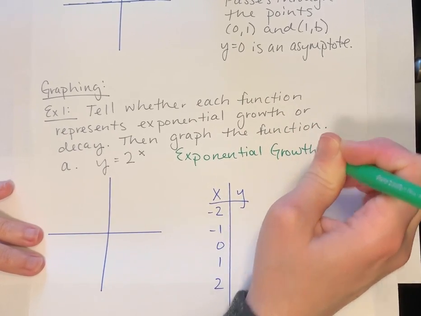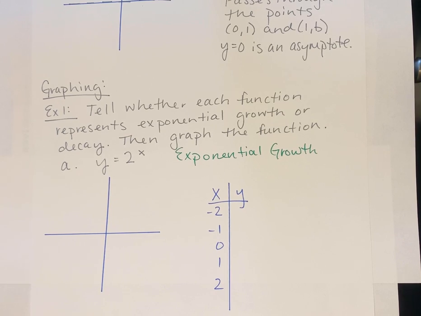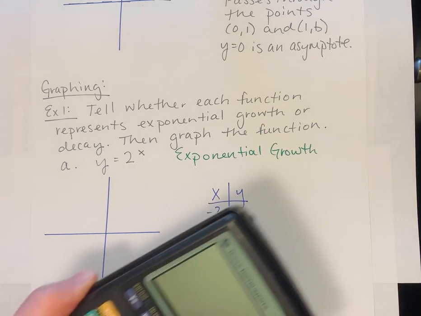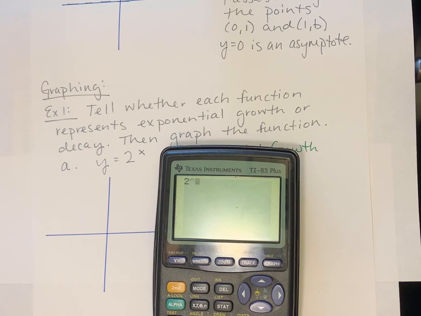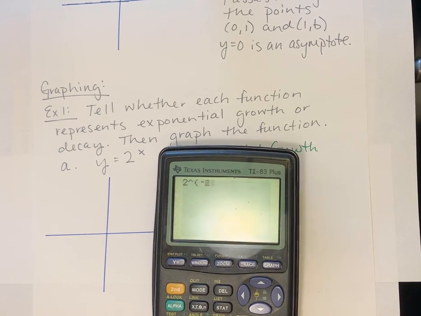In order to graph this, I just chose some x values that are to the left and the right of the y-axis. And all I'm going to do is plug them into my calculator. If I have -2, then I have 2 caret and then -2.